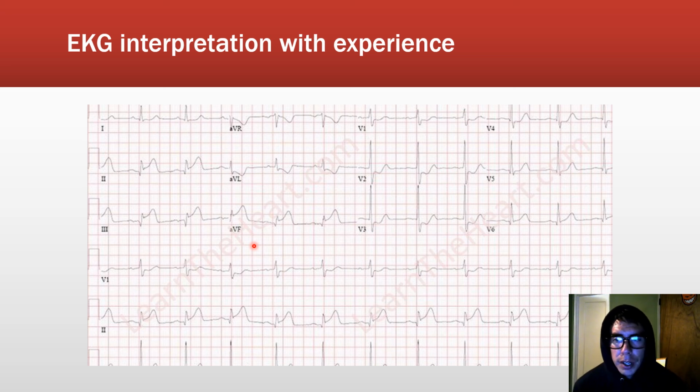So in my inferior leads, lead 2, 3, and AVF, I do have ST elevation. The J point's up here, while the baseline is down here, which means that is ST elevation, because that is the ST segment from the S wave to the T wave. So we have ST elevation in 2, 3, and AVF, which are the bottom side of your heart.